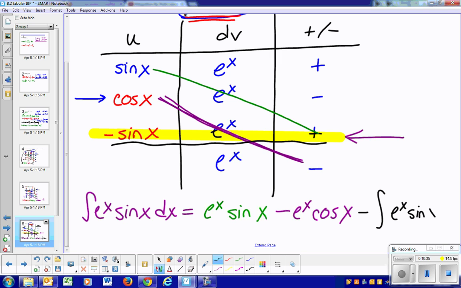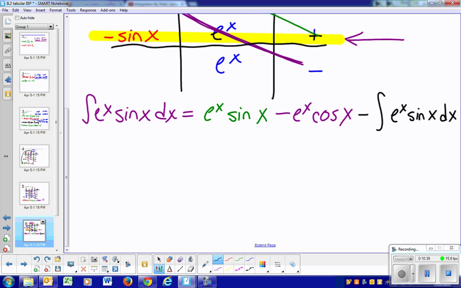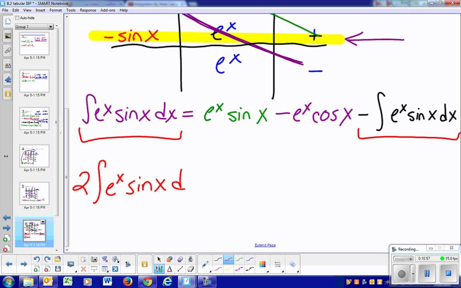Okay, now look at just that line of writing. Do you see how you have the same element here and here? Why don't you put those on the same side, like collecting like terms? Then we would have two integrals of e to the x sine of x being equal to these other pieces from before.